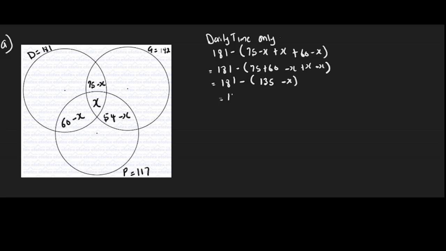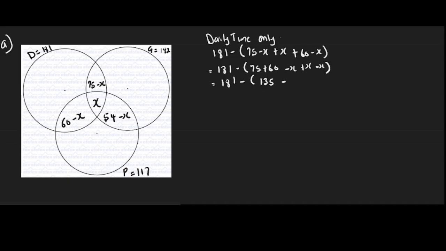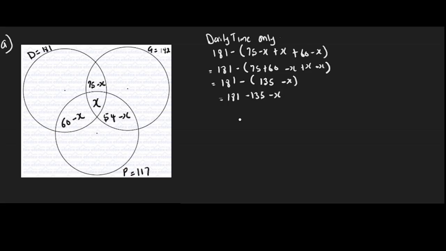Here we are going to have 181 minus 135 minus x. Minus times minus is going to be plus.